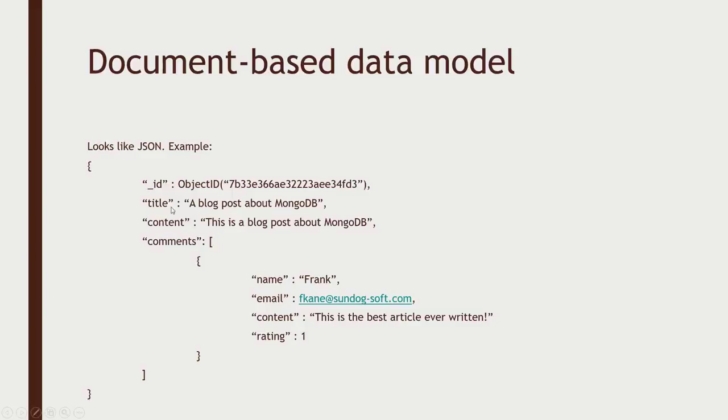So within that document, we might have a title, the content of the blog post itself, and then we can have a comments field that contains an array of other documents. So this is an example of an embedded document, where we have a document representing a comment that itself contains a name, email, content, and rating. And I could actually have multiple of these embedded within this blog post document. So that's a little concrete example of what a document might look like in MongoDB.